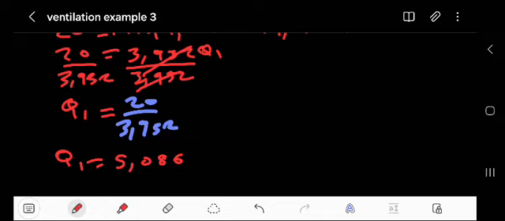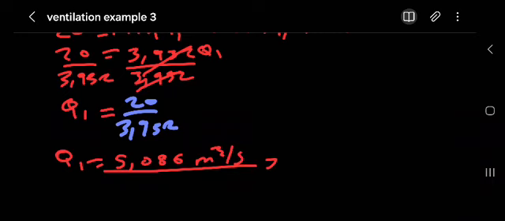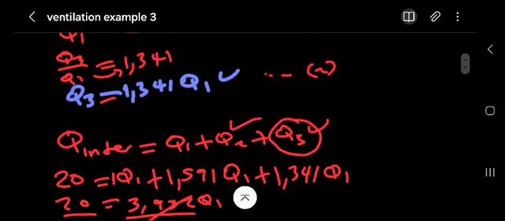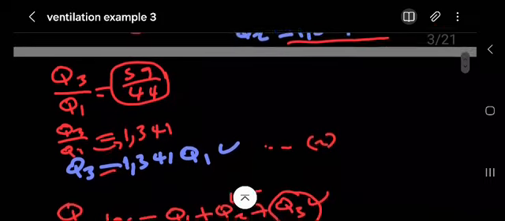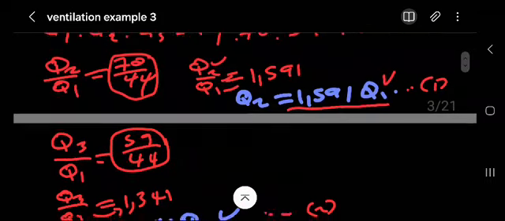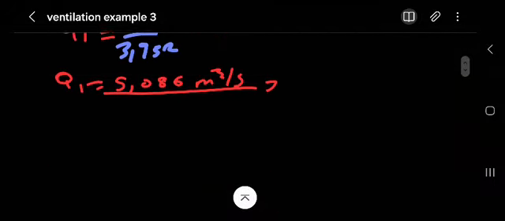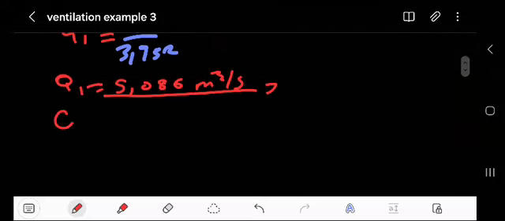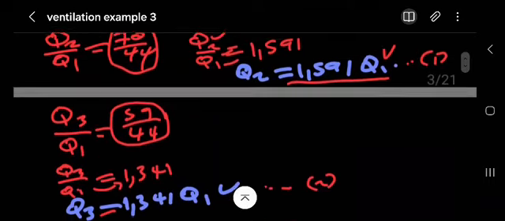So this is in cubic meters per second, right? So we have Q1. You see all this in terms of Q1, so finding Q1 now is so easy. You can simply substitute for Q2. We did this. Now it's simple.